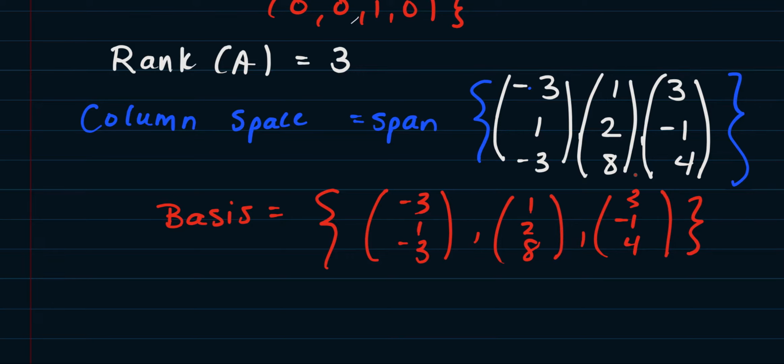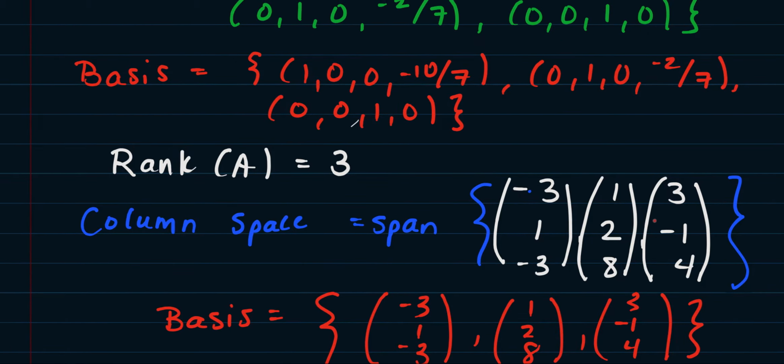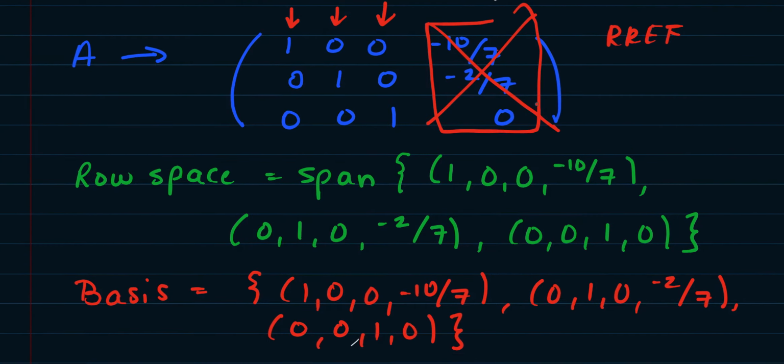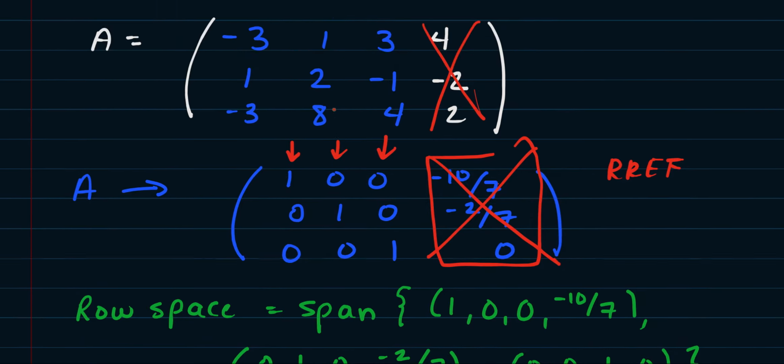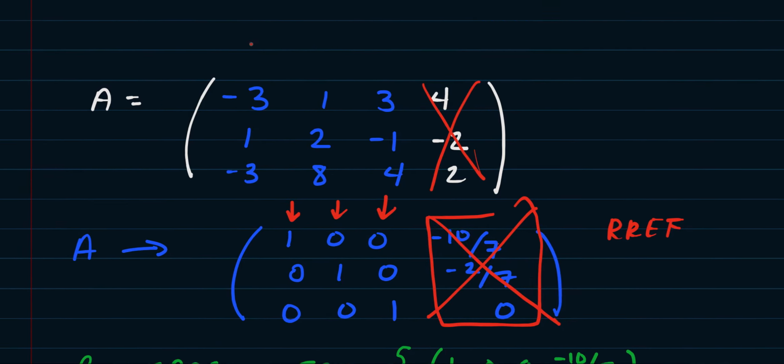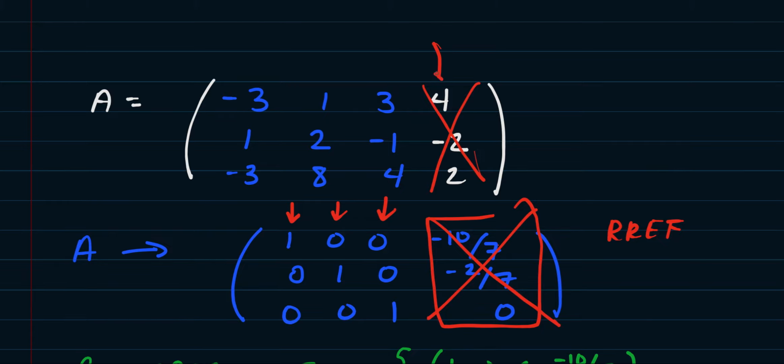And if you want to verify that, this column is negative 10 over 7 times this one plus negative 2 over 7 times this one.